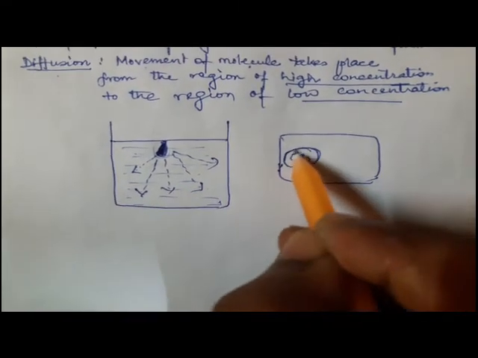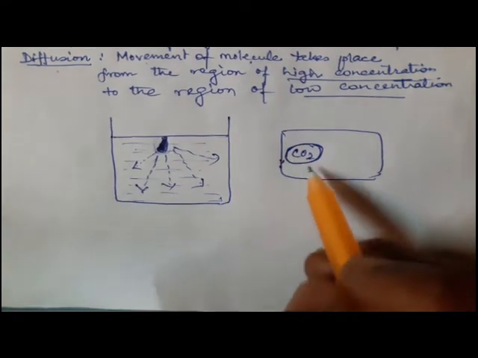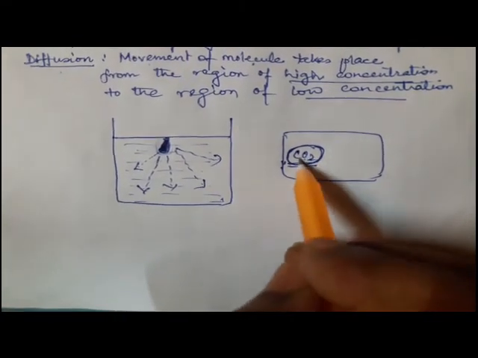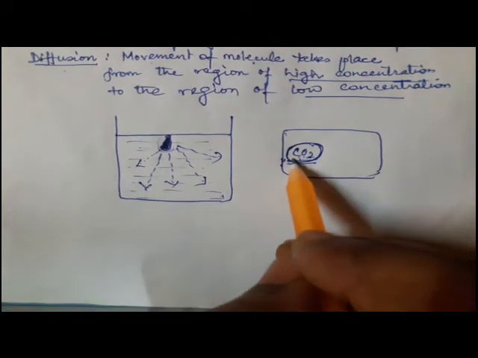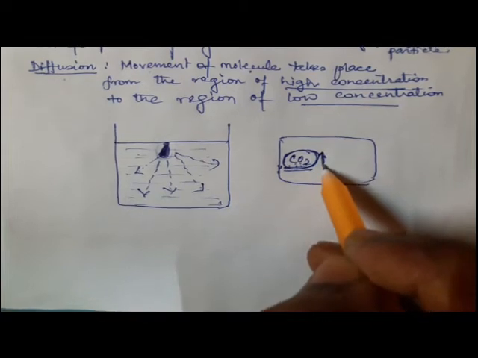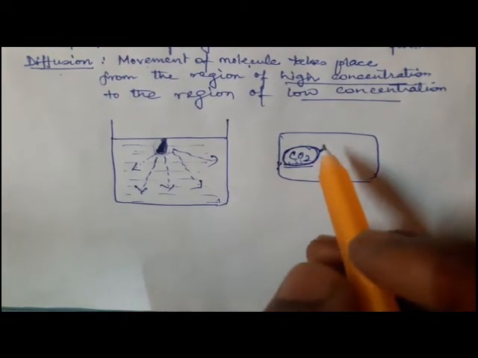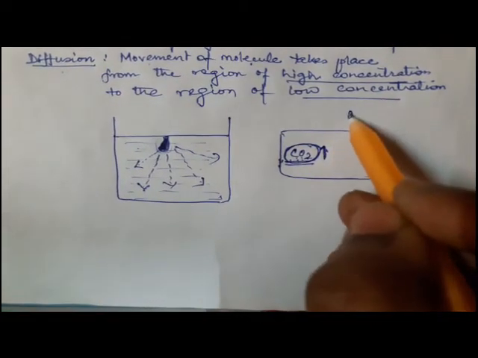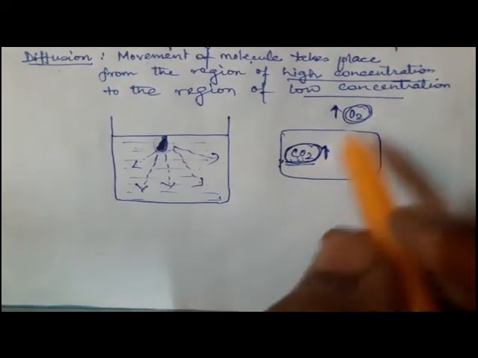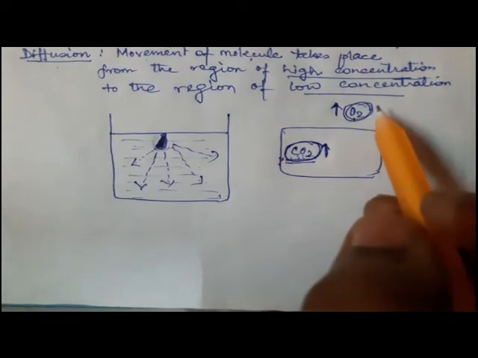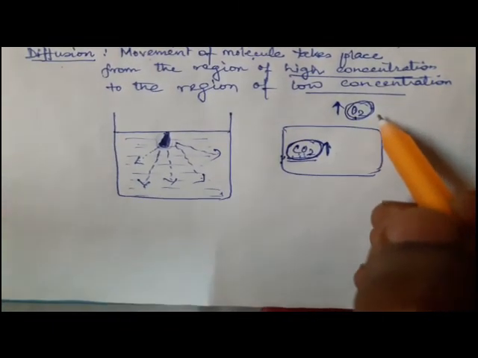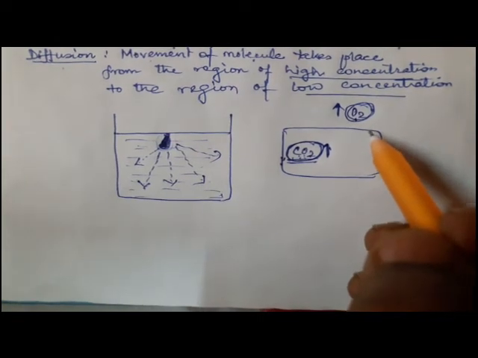So within the cell, after respiration, as carbon dioxide is produced, the concentration of carbon dioxide is maximum inside the cell, and outside, oxygen concentration is high, right? Why? Because when we inhale, it goes through the blood vessels and reaches each and every cell.